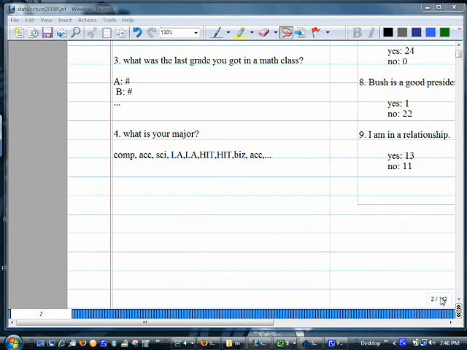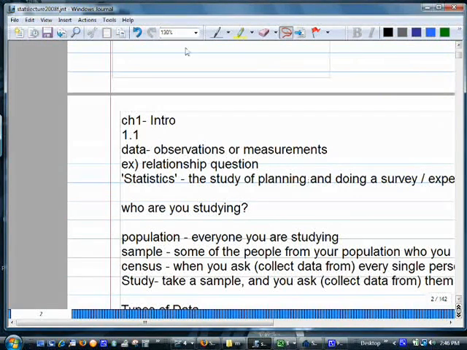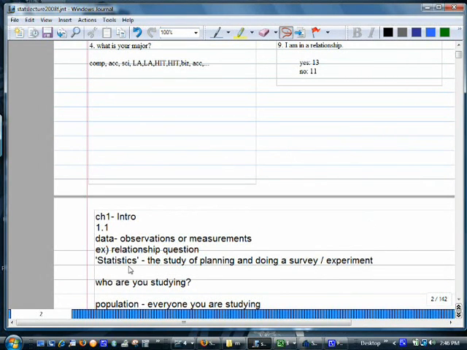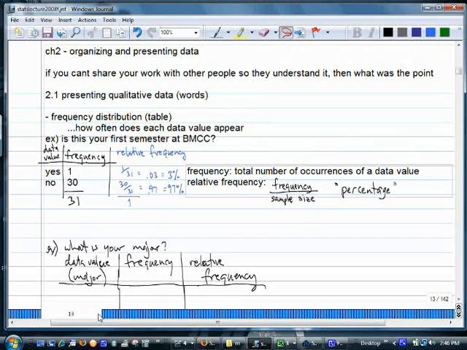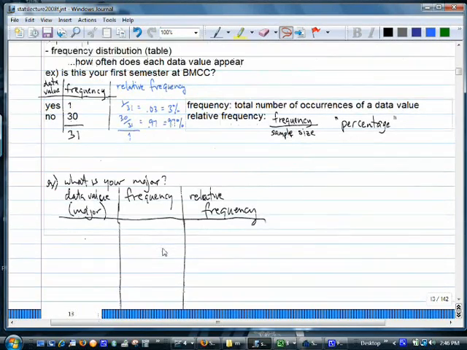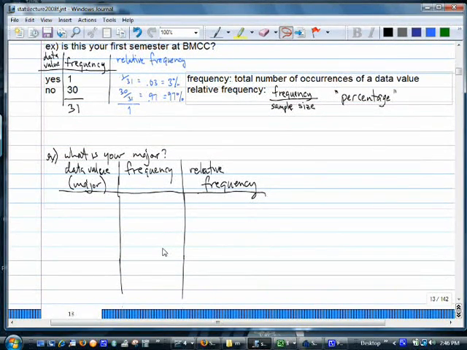There we go. Okay. So how do we fill this table out? What goes in the table? Major: computer, accounting, science, LA, LA is for liberal arts, HIT, business.